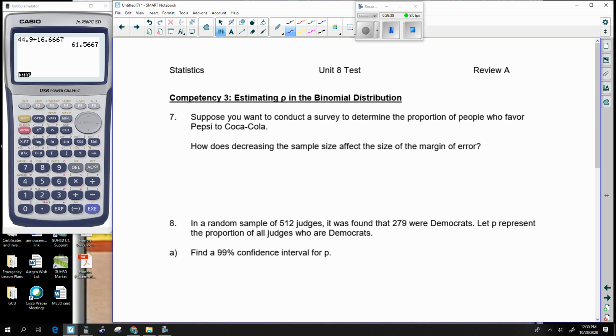How does decreasing the sample size affect the margin of error? So the margin of error is in question. In this case, it's ZC times the square root of P hat Q hat divided by N. And so that means decreasing the sample size, that is N. If I decrease this, if I make this smaller, I'll use the word decreases.